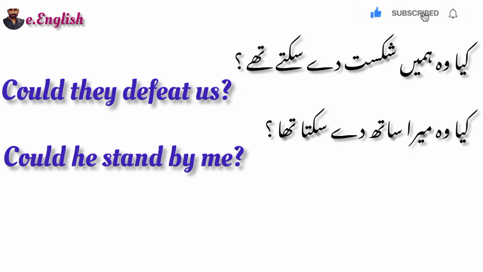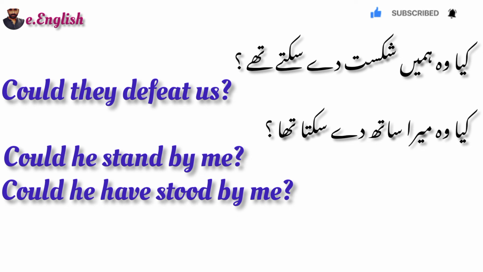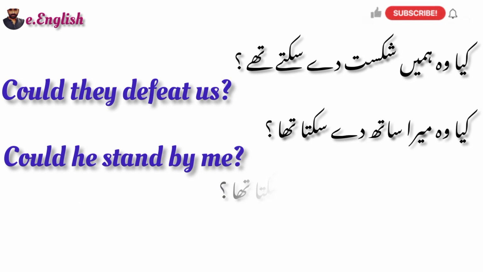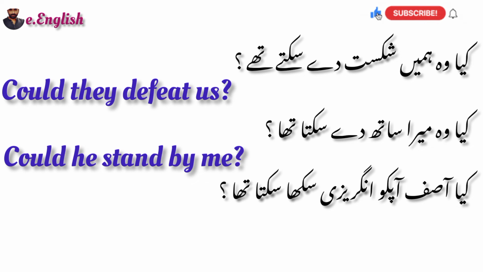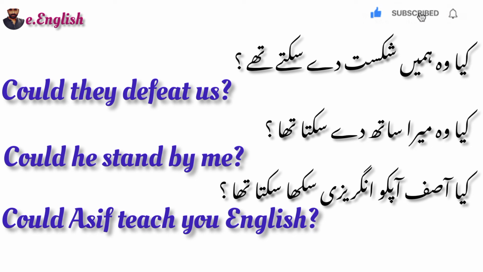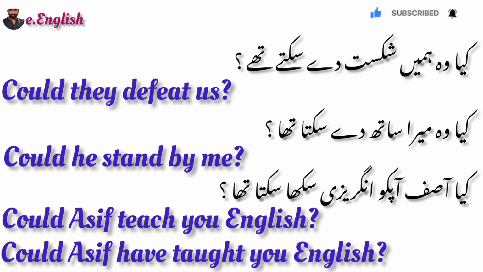The second way by using could have is could he have stood by me? क्या आसिफ आपको अंग्रेजी सिखा सकता था? Could Asif teach you English? The second way is could Asif have taught you English?